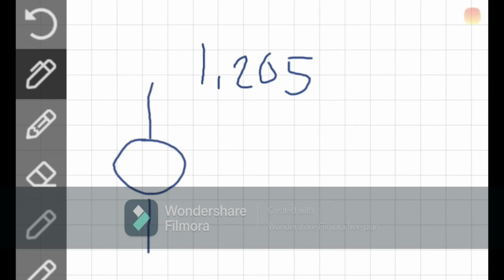And then draw 3 dots or shades at the center. 1, 2, and 3. And then next, draw a symbol for 100. 1,100, 1,200, and 1,205. So in making 1,205, you need 1 symbol for 1,000, 2 symbols for 100, and 1 symbol for 5, making it 1,205.